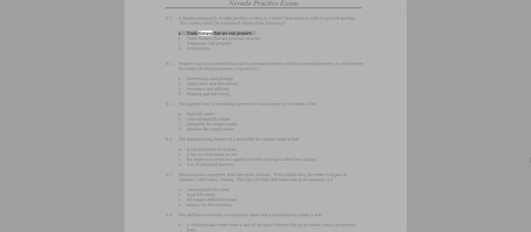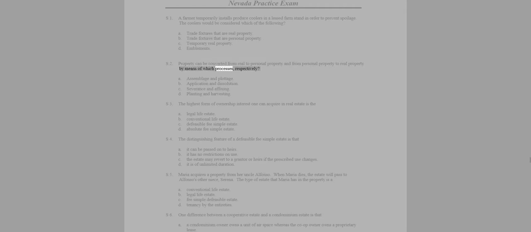A. Trade fixtures that are real property. B. Trade fixtures that are personal property. C. Temporary real property. D. Emblements.